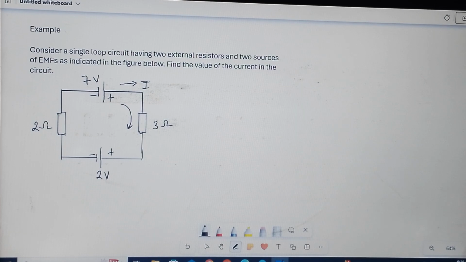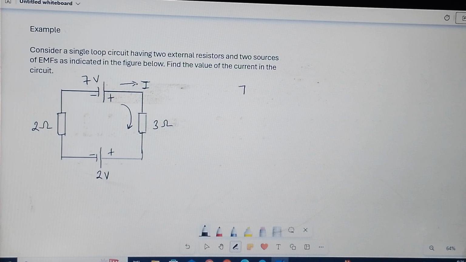You can see I've chosen this arbitrary direction following the points we listed earlier on. So this is coming from the negative terminal, entered through the negative terminal, and is leaving through the positive terminal. So the potential here will be positive. So using our equation, we say 7 volts.